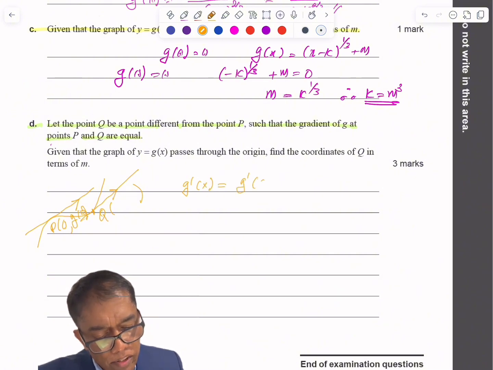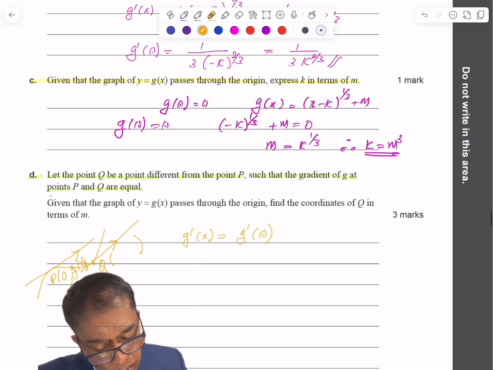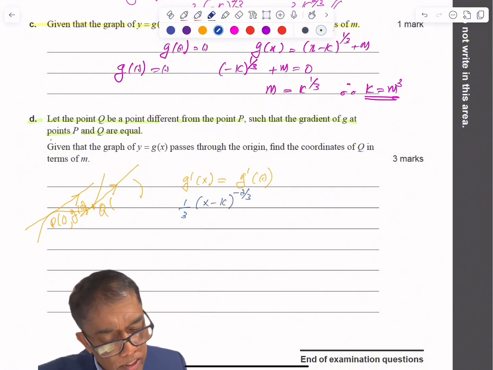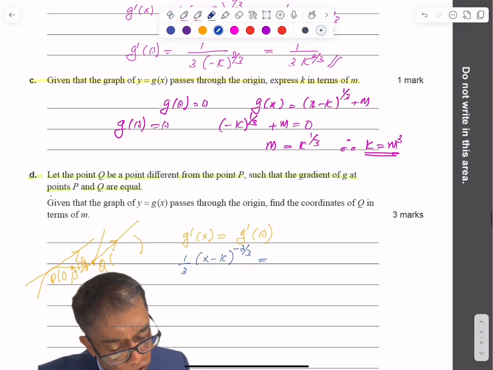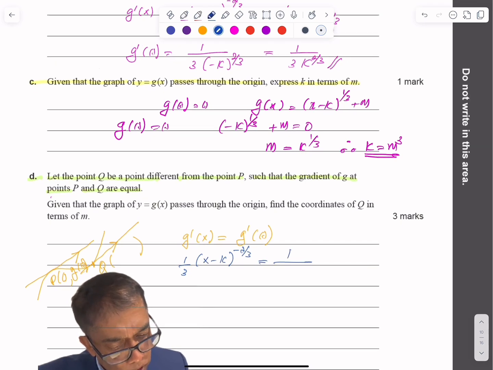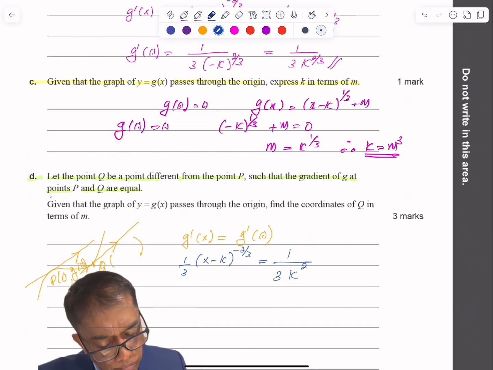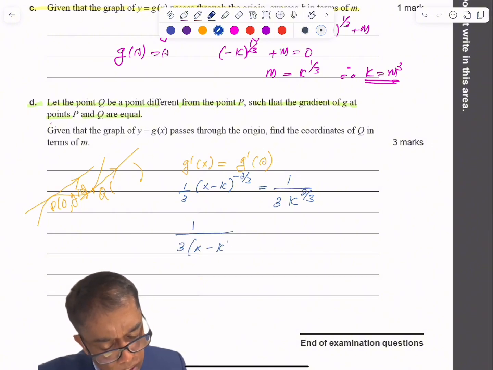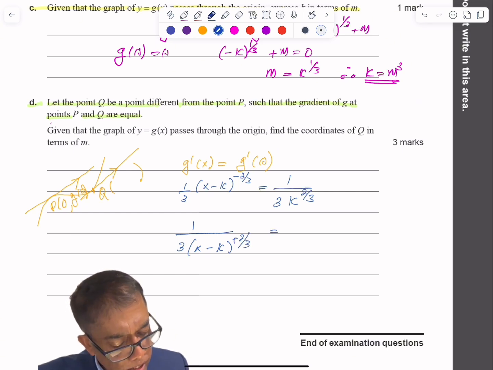What is g dash of x? We know what it is. g dash of x is 1/3 of x minus k to the power of negative 2 over 3. g dash of 0 is 1 over 3 k to the power of negative 2 over 3. That means 1 over 3 times x minus k to the power of negative 2 over 3 equals 1 over 3 k to the power of negative 2 over 3.